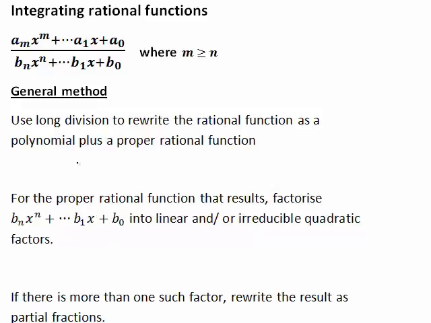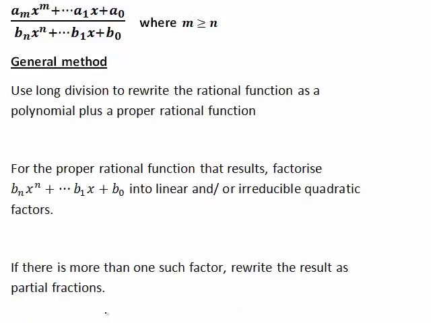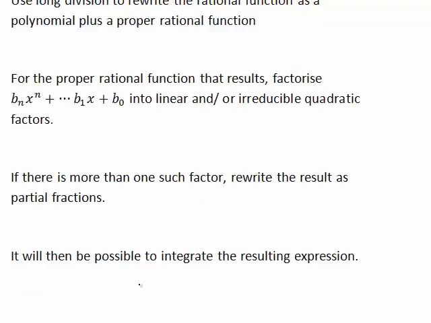Then, the polynomial part of that will be straightforward to integrate, while for the proper rational function we factorise its denominator, which will still be the same as the denominator above, into a product of linear and/or irreducible quadratic factors. And if it does factorise into more than one such factor, we then rewrite it using partial fractions, and from there it will then be possible to integrate the resulting expression.